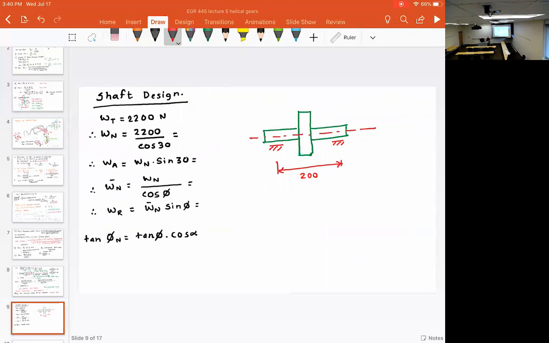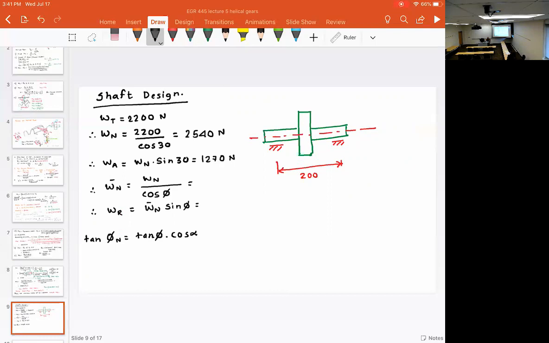So, can you please tell me these values? Wn, 2540.34, 2540 Newton. Wa, 1270.17. What is my cosine phi?